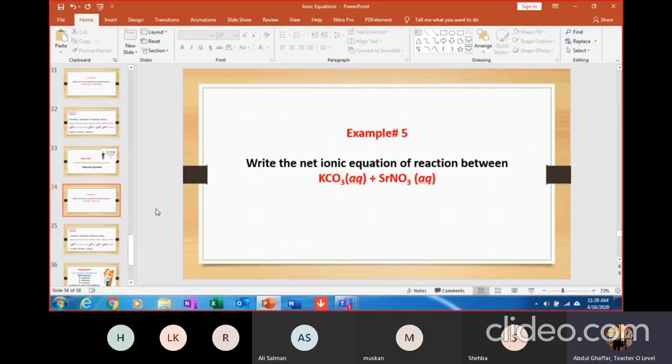Take out your pen or pencil and note down this equation, and you have to answer this equation today and WhatsApp the answer. Shabash Sharif, note down this equation.